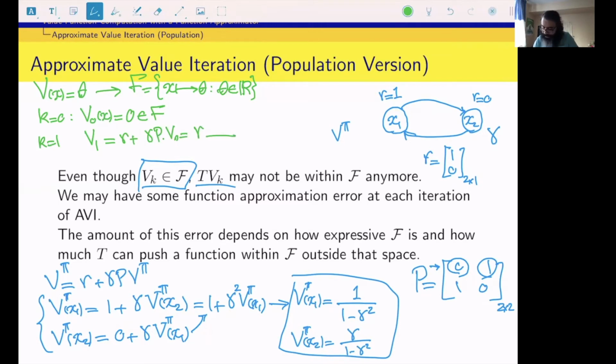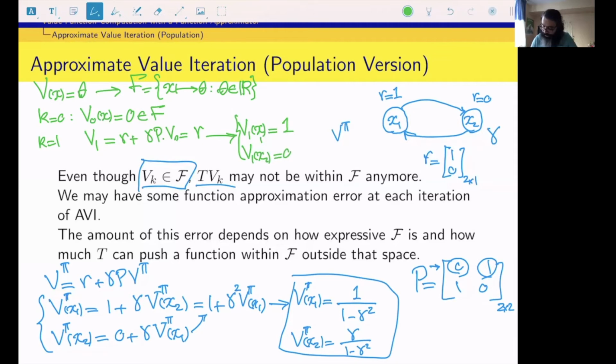What is the problem here? Let me simplify it. I need V1 at x1 to be r1 essentially, which is 1. And V1 at x2 should be 0.